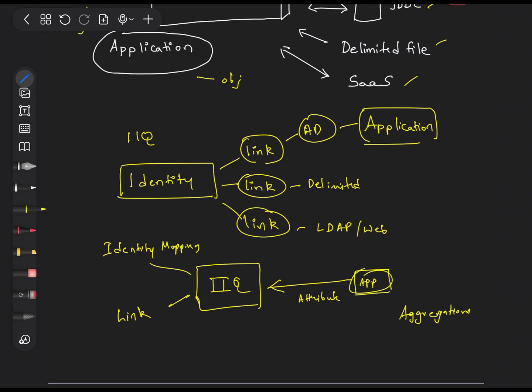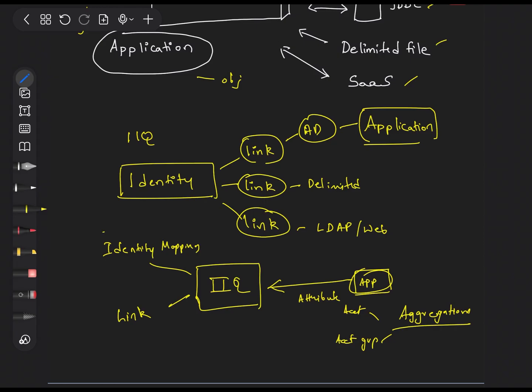So the first step is onboarding the application to IIQ. Then there is a set of operations you need to do, and you need to run aggregation. We have account aggregation and account group aggregation, so two things are there. How application attributes map to identity, we'll see later.